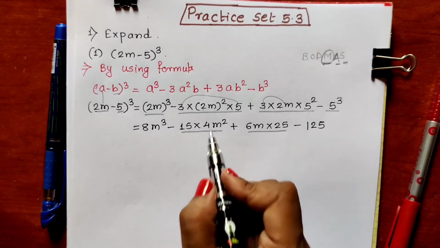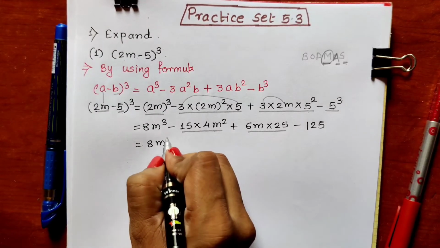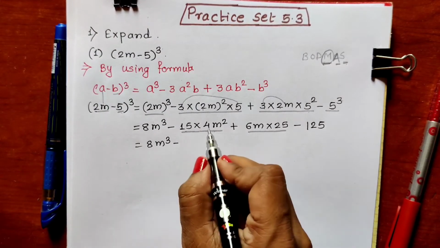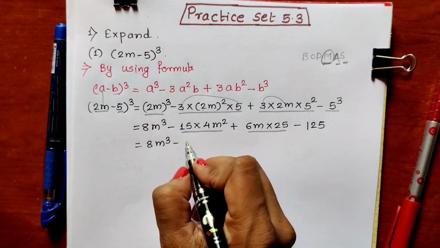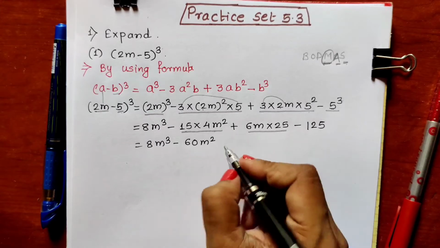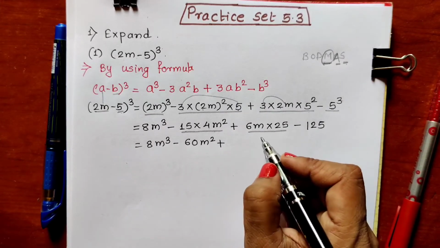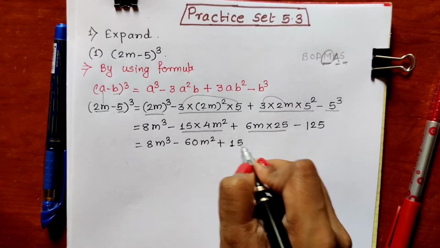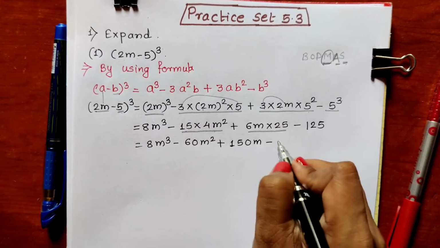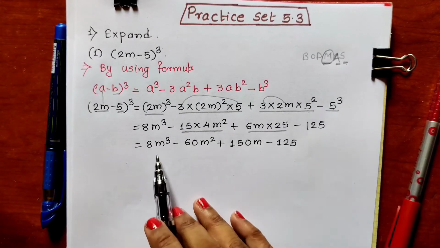So always multiply first. 8m³, the first term, we write as it is, minus 15 fours are 60m², plus 25 sixes are 150m, minus 125. In this way we have got 4 terms.